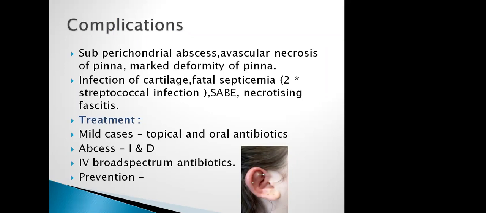It can also cause infection of the cartilage, fatal septicemia, and other rare complications. For mild cases, you can apply topical antibiotic creams like mupirocin or soframycin and give oral antibiotics like penicillin or fluoroquinolones. If the pus is pointing and an abscess is present, go for incision and drainage. For that, refer to an ENT surgeon.